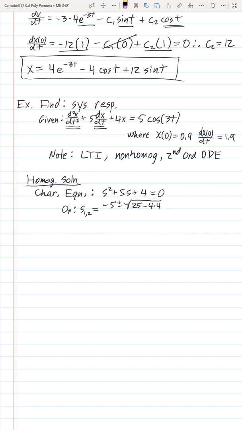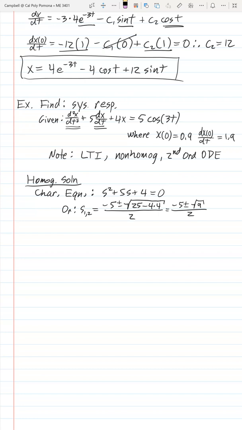And you can see that I conveniently kind of cooked the numbers up here to make things a little bit easier for us. And this is equal to now -5 plus minus root 25 minus 16. Well, that's 9. And all that over 2.